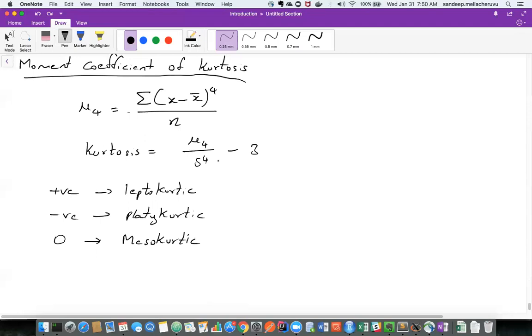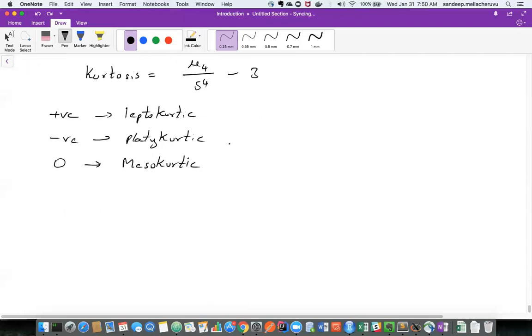And second thing is, since we are doing minus 3, this is called excess kurtosis. Instead of saying positive, you can say positive excess kurtosis. It means the excess is over 3. More than 3 it is there, right? So it's called positive excess kurtosis, negative excess kurtosis. So when someone says excess kurtosis, don't say I don't know what it is.